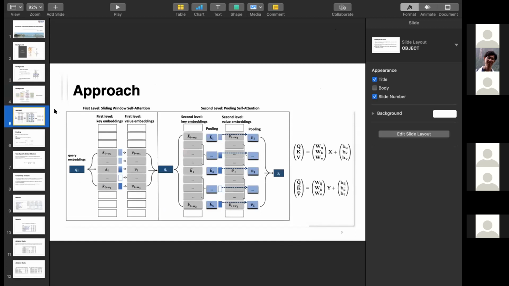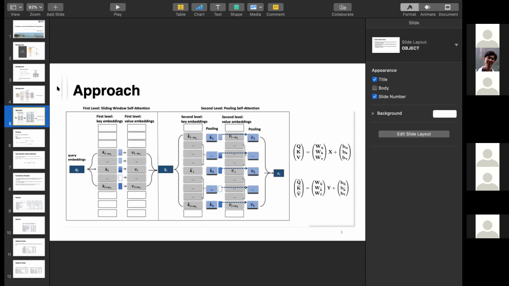Okay. So let me introduce the approach that is proposed in the paper. As we mentioned in the beginning of the presentation, this paper is aiming to tackle the problem of long documents, because the original transformer can only take 512 tokens as the input.